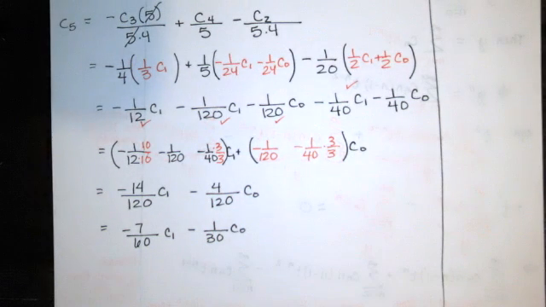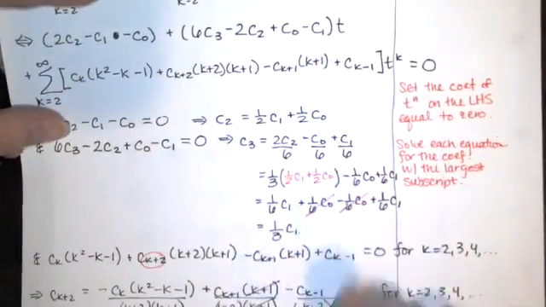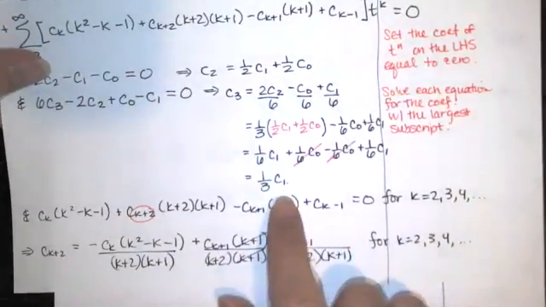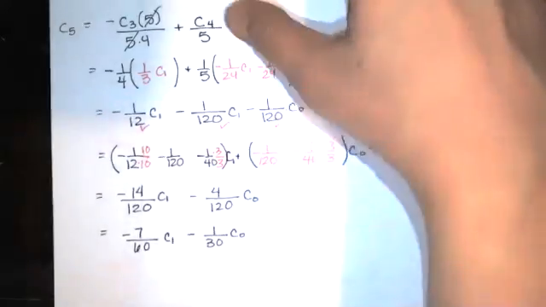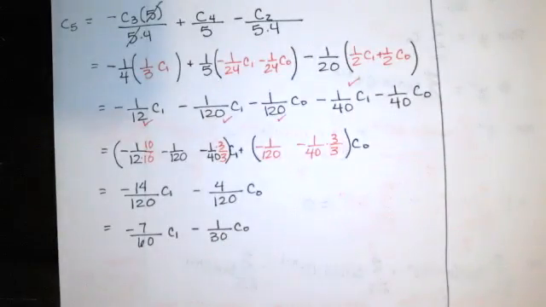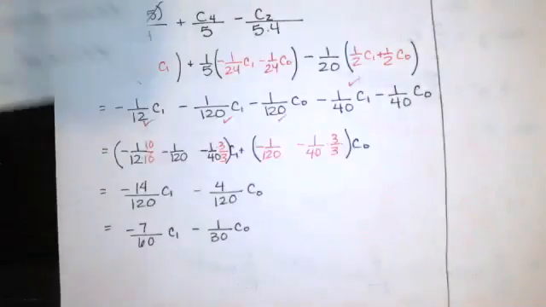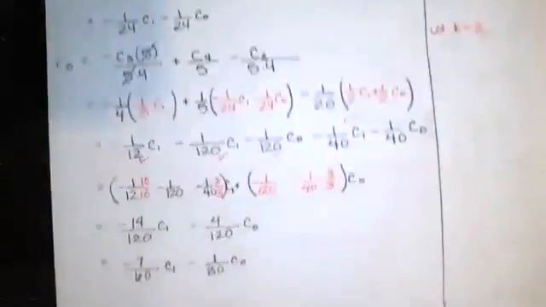I think we might have enough coefficients. Let's see. We needed 4 more that depend on c sub 0 and c sub 1. So I've got 1 that depends on c sub 0, and then 2, 3 that depend on c sub 0. I need 1 more that depends on c sub 0. And c sub 1, I've got 1 there, 1 there, 1 there, and 1 here.